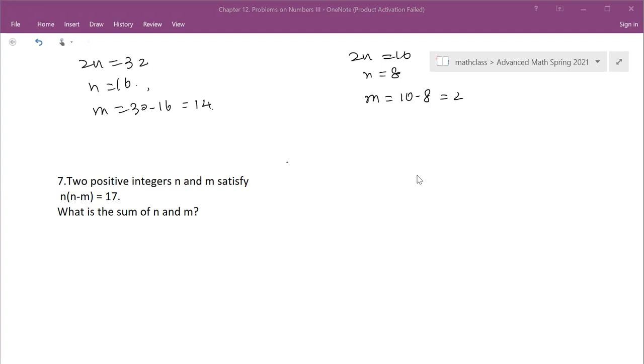Okay, here's my hint. 17 is what? Can you express it as a product of two numbers?